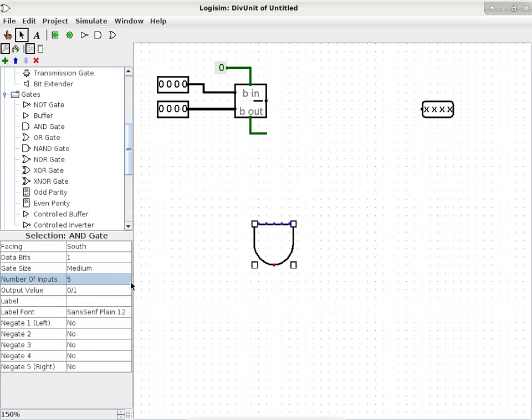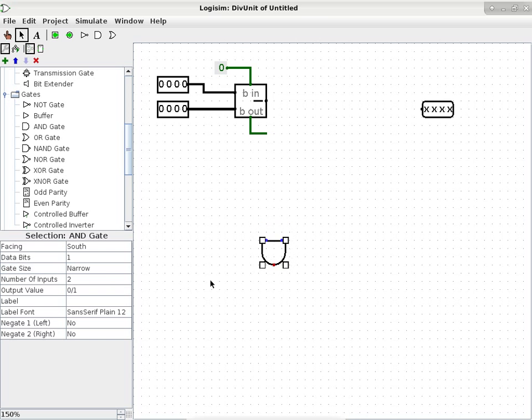So we'll specify 2 inputs, make it a narrow design, and we'll have 4 of these. 1, 2, 3, 4. And we know how to multiply a 1-bit number to a 4-bit number from the previous homework assignment, which is what we're going to do here. But then we have to say, okay, which number are we multiplying?